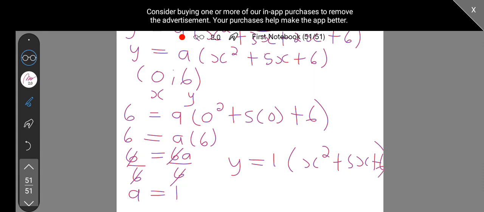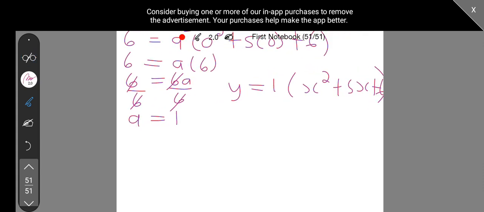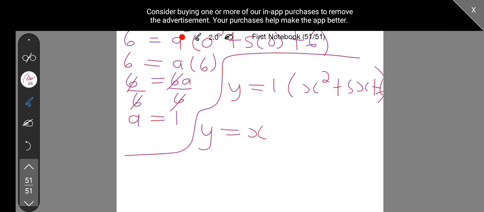We know that anything multiplied by 1 remains unchanged. So at the end, we can say that our equation is given as y is equal to x squared plus 5x plus 6.